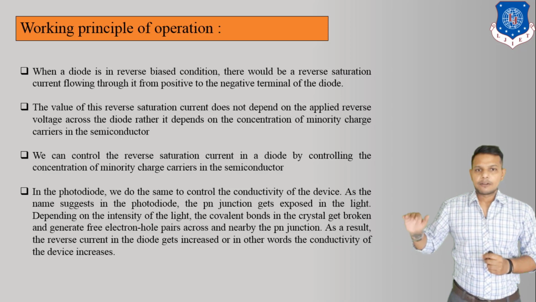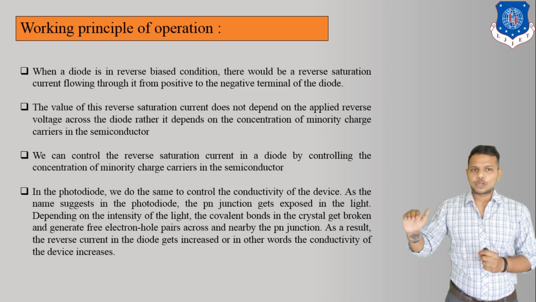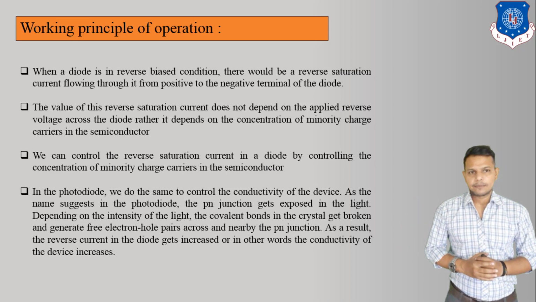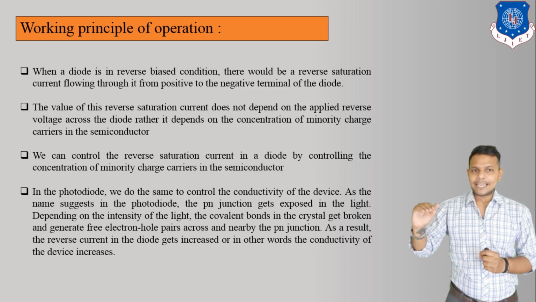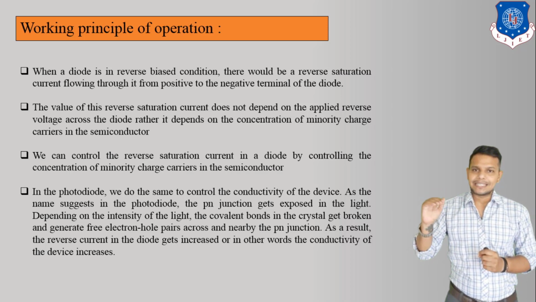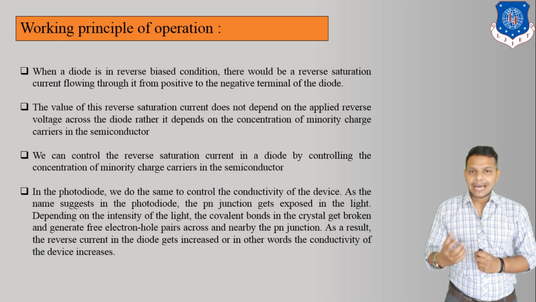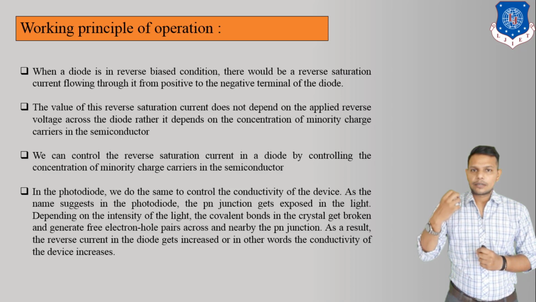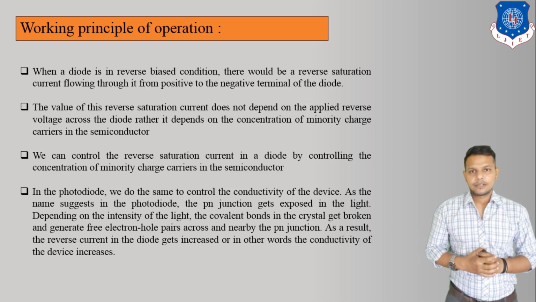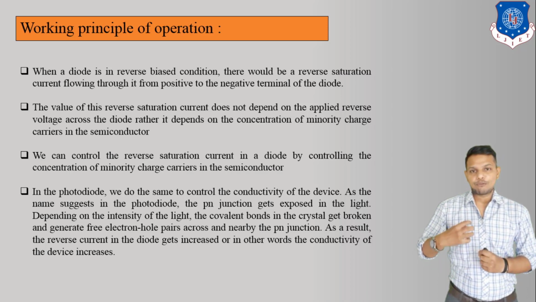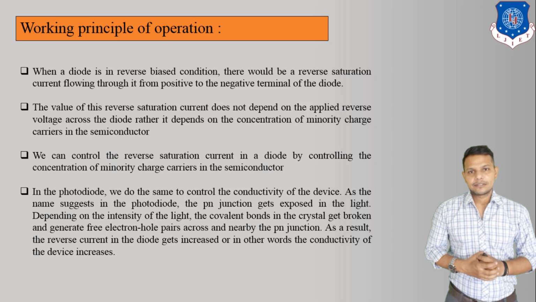Here we can see in photodiode we control the conductivity of the device. As the name suggests, in the photodiode the PN junction gets exposed to light. Depending on the intensity of light, its electron-hole pairs increase. When electron-hole pairs increase, that means photocurrent increases.